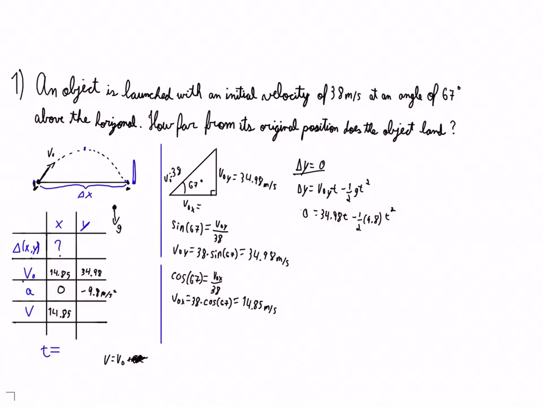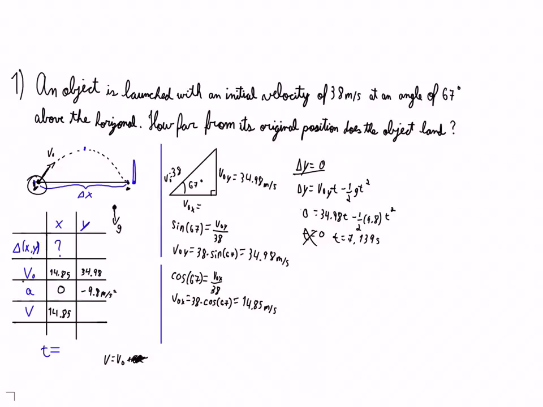So when we solve this, we'll get two answers for t. One of them will be that t is equal to 0. And we will not use that one because that is, again, the initial time. We're solving for t final, which is the second answer, which turns out to be 7.139 seconds.